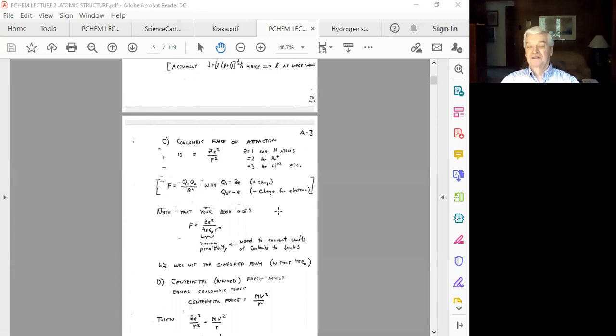The book sticks strictly to internationally accepted units. So the book is going to use newtons to talk about force. I'm going to use atomic units.